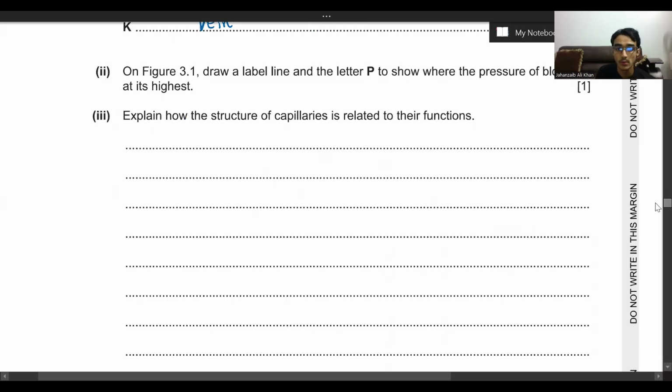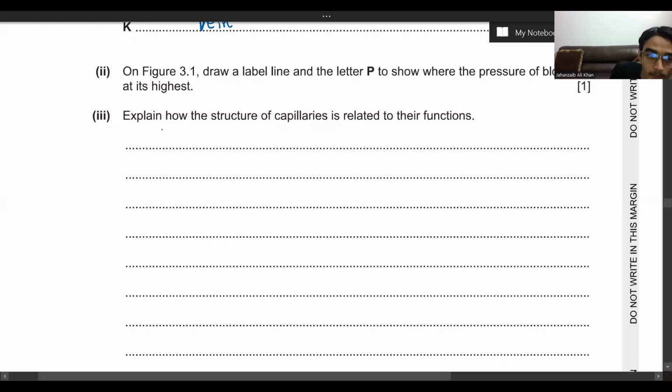Explain how the structure of capillaries is related to their functions. Capillaries have very thin walls, they're permeable, and they branch into a lot of branches. They've got a huge network of capillary beds, so they can reach everywhere. How am I going to describe this?